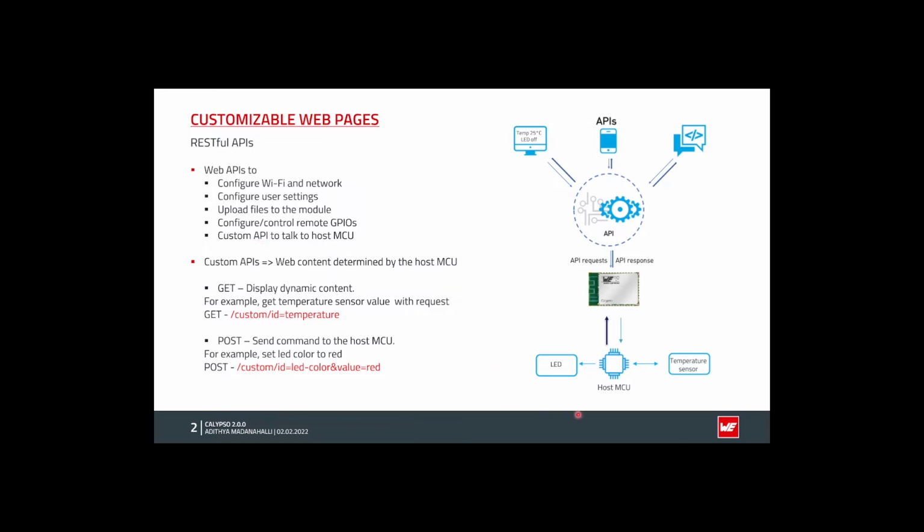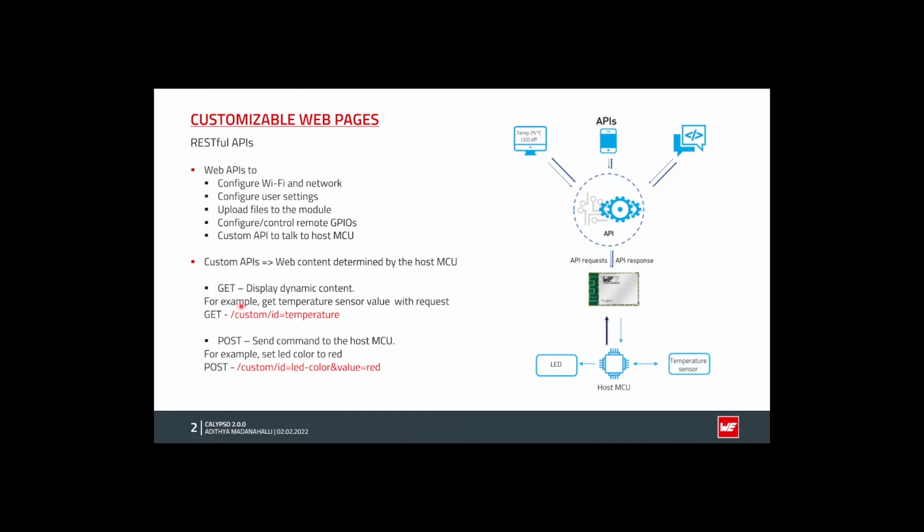Let us consider a typical IoT application setup where you have a sensor connected to a host microcontroller which in turn is connected to the Calypso Wi-Fi module. The intention is to read the sensor values and display it real time on a web page on board the Calypso Wi-Fi module. This can be achieved with the help of an HTTP custom request.